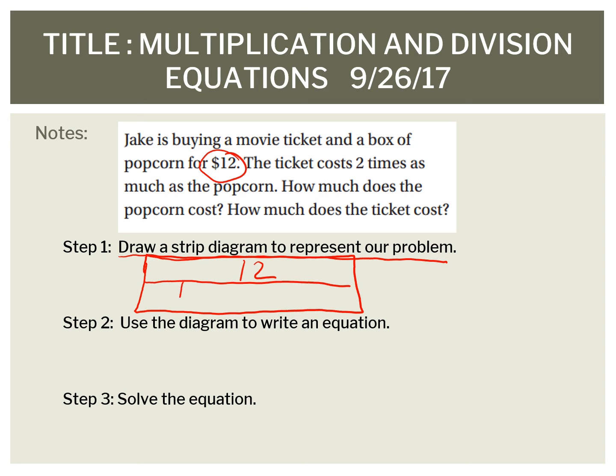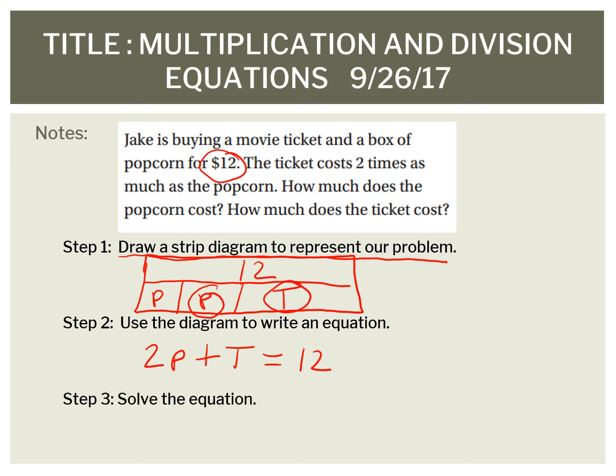I know that 2 times the popcorn equals the ticket. All right? So far, so good. Now we're going to use this diagram to write an equation. So 2 times P plus T equals 12, where P is popcorn and T is the ticket.